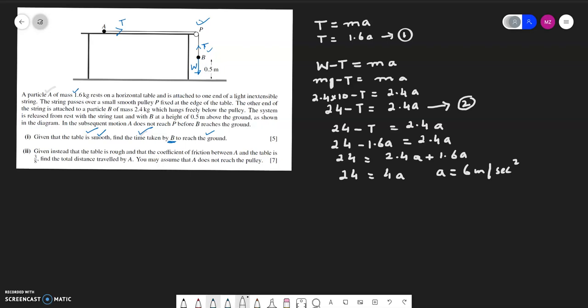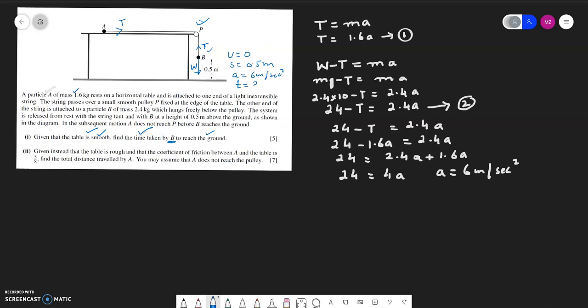Now if you look at particle B, the particle B initially is at rest, that is u is equal to 0, and it covers a distance of 0.5 meter before reaching the ground. So s will be 0.5 meters, and its acceleration is 6 meters per second squared, and we need to find the time.